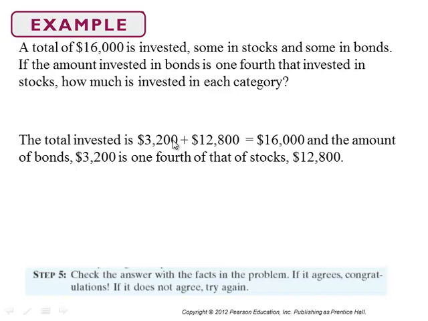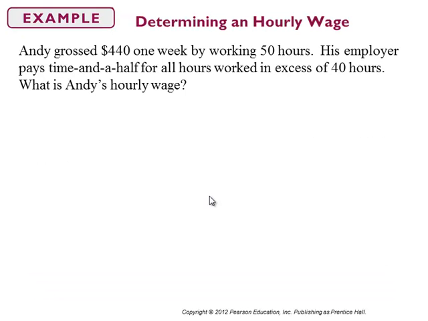So if we're saying that 12,800 is the amount that we invested in stocks, 1/4 of that is 3,200, or whatever the difference between 16,000 and 12,800 is. But then just double check that the sum of the 3,200 for bonds and 12,800 really is equal to 16,000. In other words, just double check your work, make sure that your answers make sense.